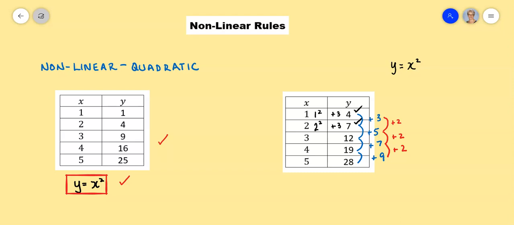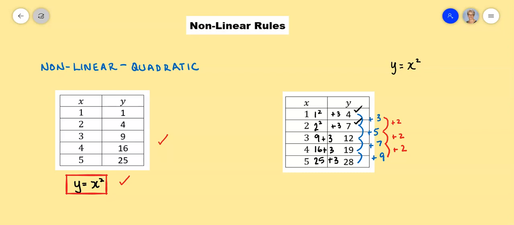3 squared is 9. 9 plus 3 gives me 12. 4 squared is 16. 16 plus 3 gives me 19. 5 squared is 25 plus 3 gives me 28.